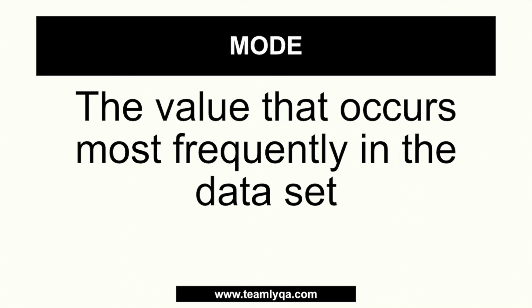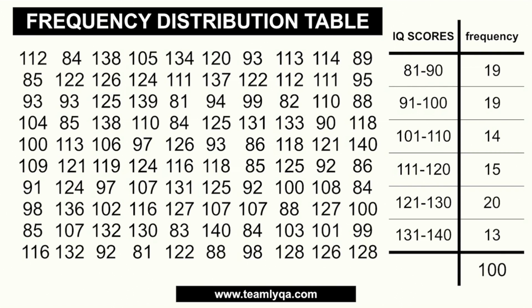The idea here would be kung paulit-ulit siyang lumalabas, ibig sabihin it is a good representation of the entire group ng data. Now, the problem is, again, kapag malaki na yung dataset natin, like itong sample natin na ginagamit natin since yung frequency distribution table na video, mahirap hanapin or isa-isahin ang bawat element ng ating dataset. So, ang ginagawa natin, ginugroup natin siya together dito sa frequency distribution table natin.